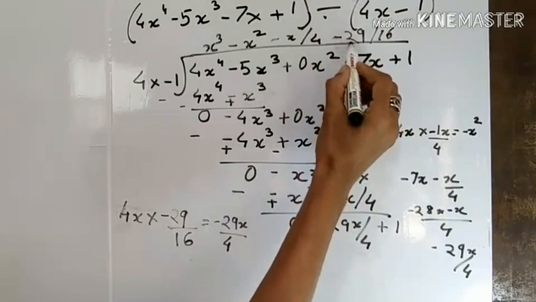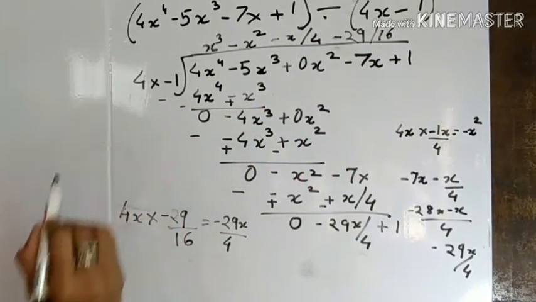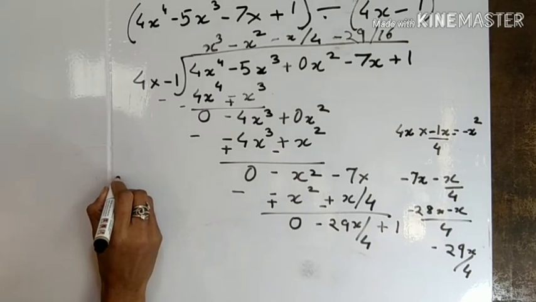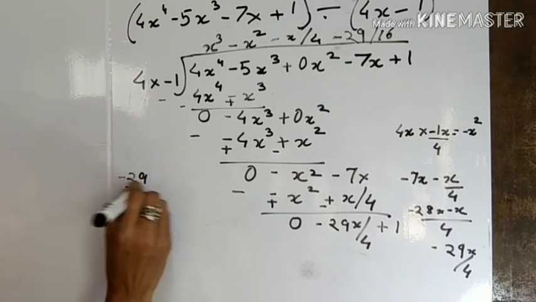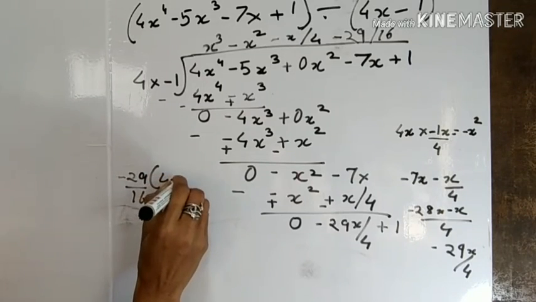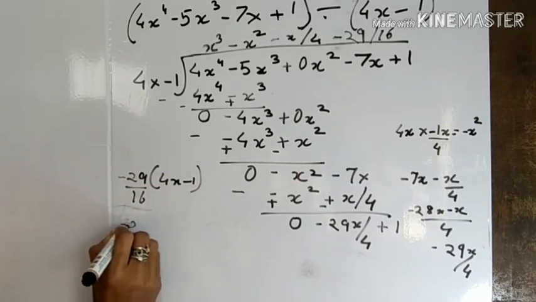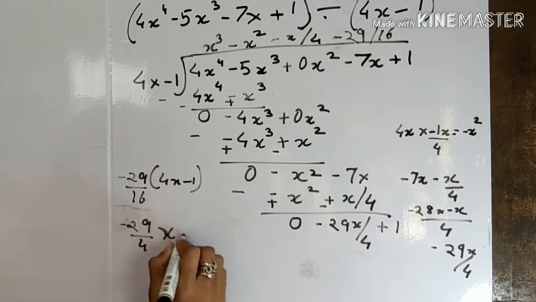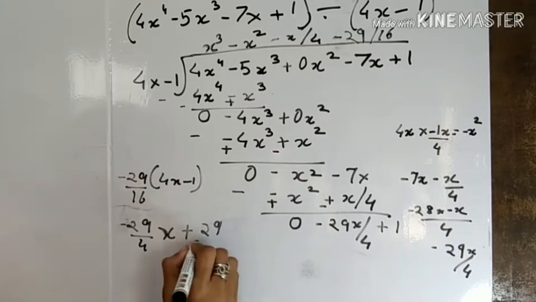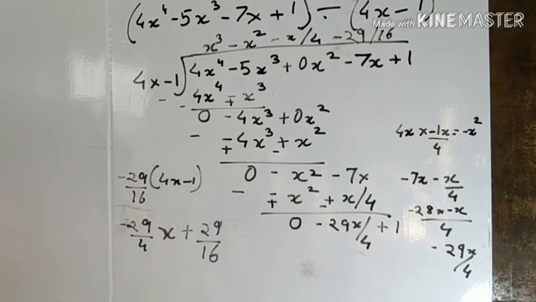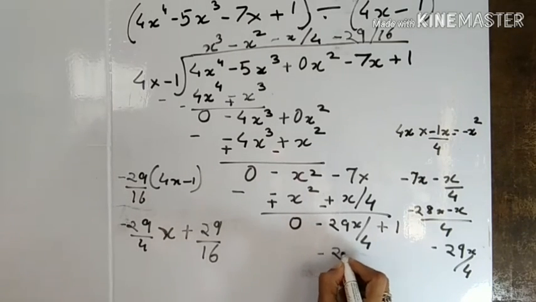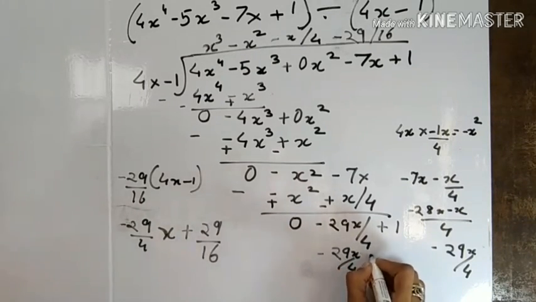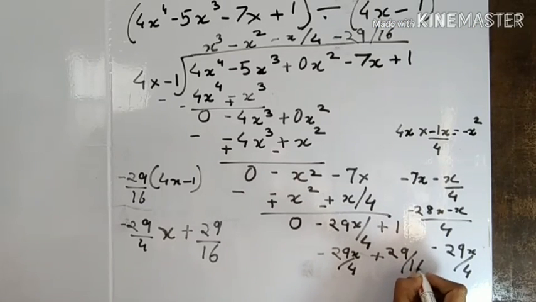Now this entire thing, minus 29 upon 16, I need to multiply with 4x minus 1. So we have minus 29 upon 16 multiplied by 4x minus 1. That gives me minus 29 upon 4 x plus 29 upon 16. So the term in x I'll write below this. So I get 29x upon 4, and then we have plus 29 upon 16.